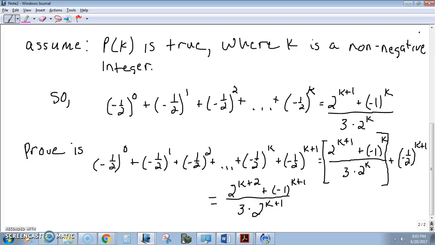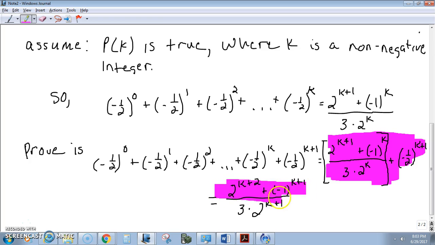So I know what I have written here. I need to be able to prove that that is the same as here.